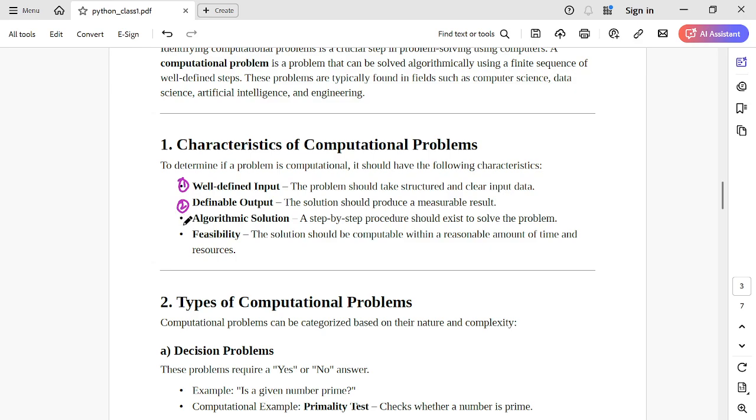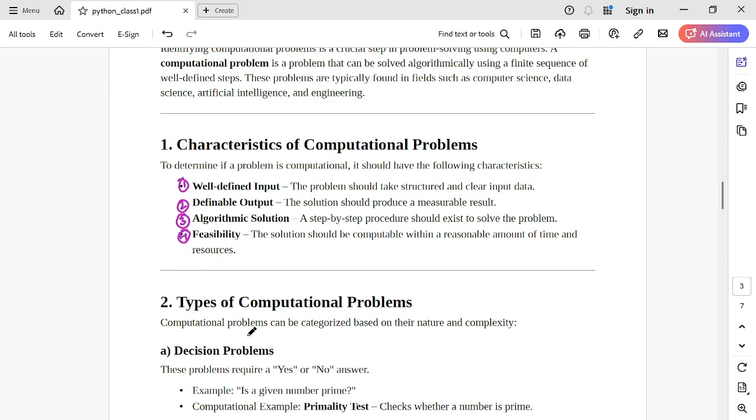The third one is an algorithmic solution. A step-by-step procedure should exist to solve the problem. And next is feasibility. The solution should be computable with a reasonable amount of time and resources. So that is known as feasibility.